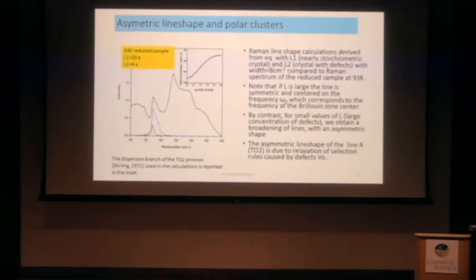By contrast, if you use L2 equal to 4A, that means that you have many defects, many oxygen vacancies in your lattice. With the calculation, we obtain the blue shape, and you see that the maximum position is nearly the same, but you have a broadening on the upper part of this line. So that means that the asymmetric line shape of this line is due to clusters around oxygen vacancy, and also due to the relaxation of Raman selection rules.